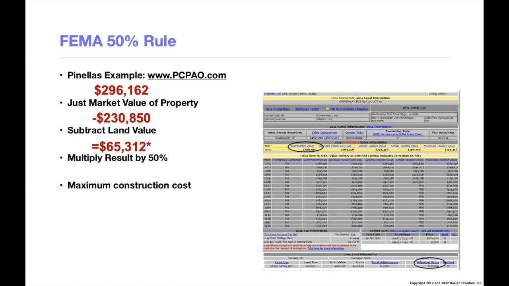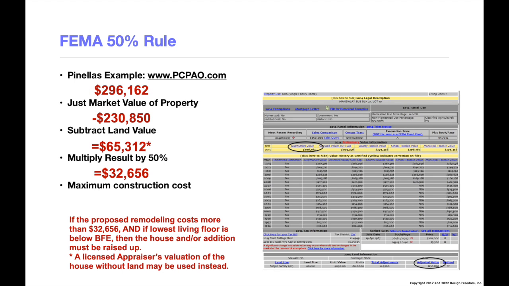You then look for the land value, and you subtract the land value from the just market value of the property. This will give you essentially what is the building value, and 50% of the building value is the maximum construction cost that you should prepare for.